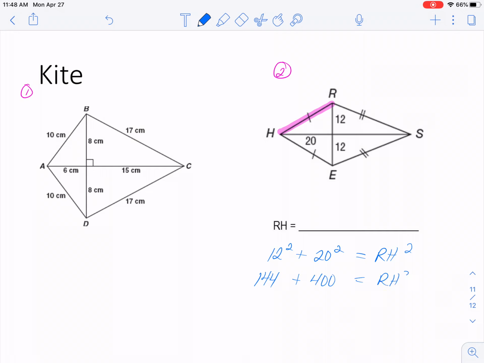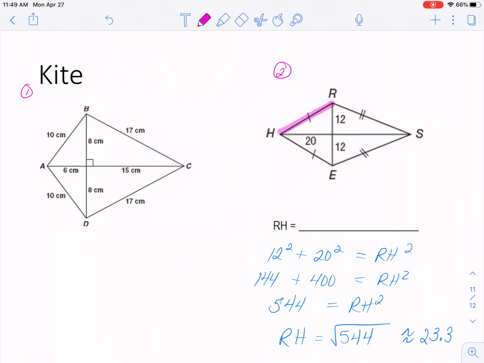So 544 equals RH squared. RH is the square root of 544, which is approximately 23.3.